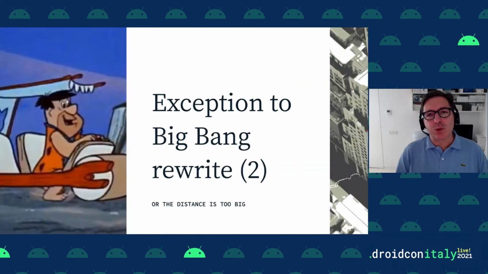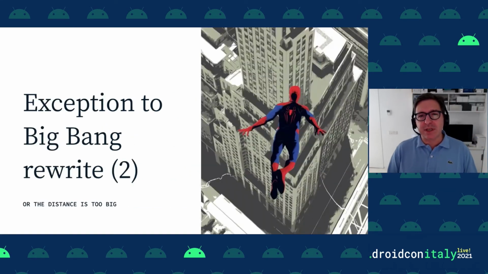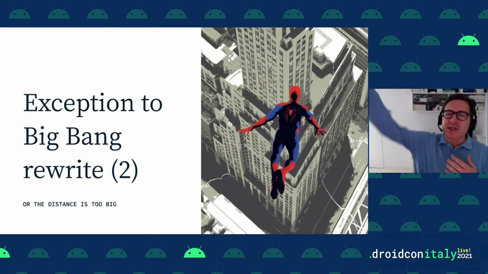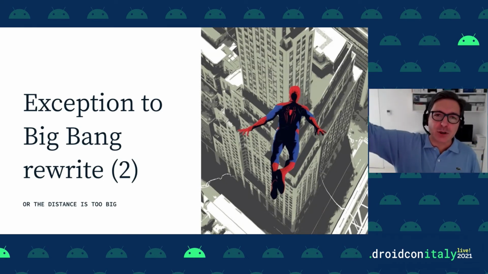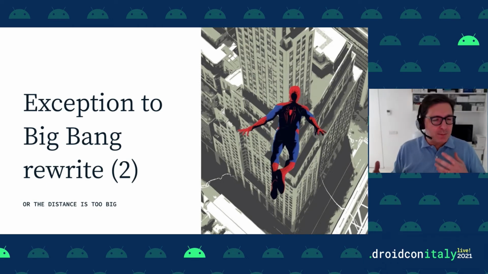Also, there's another situation that may make sense here, which is if you have an application that is so distant from the destination that you want to achieve, that it is probably very hard to get from one to the other through changes. It would take you your whole life.